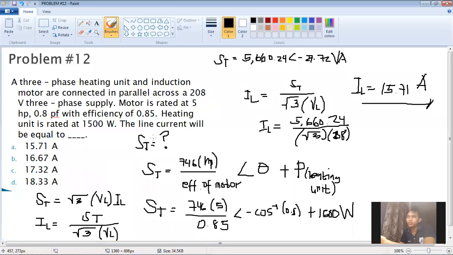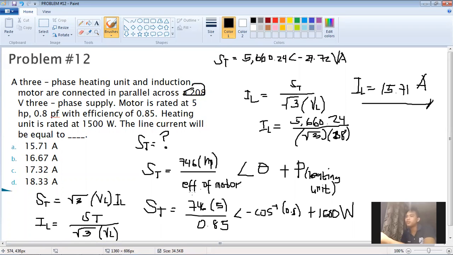So we need to get the ST, which is unknown, since our source voltage is 208 volts. ST is 746 times the horsepower, all over the efficiency of the motor, at an angle of theta, plus the power of the heating unit.